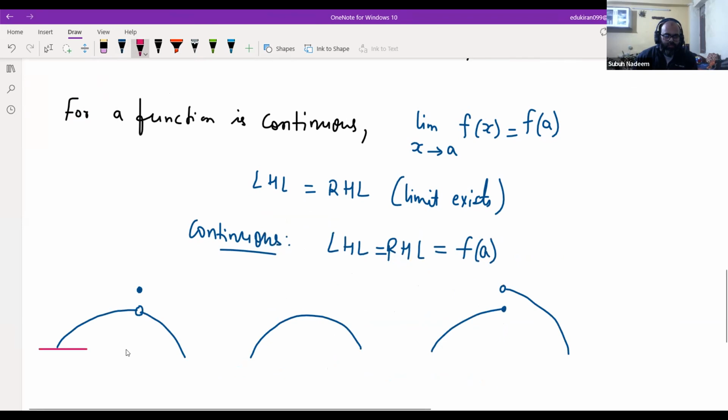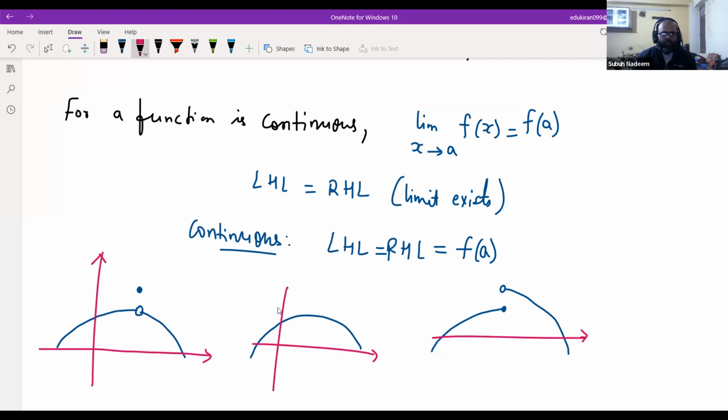Now this is the x-axis and this is the y-axis. If you take a point A here, A is here also, A is here also, and you talk about the limit at A and continuity at A.